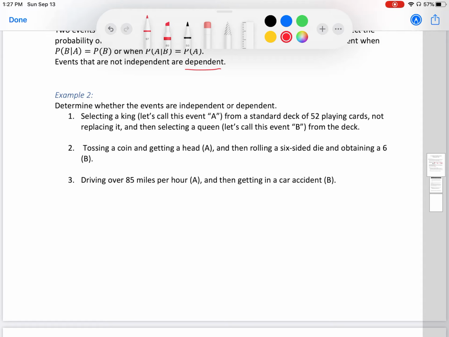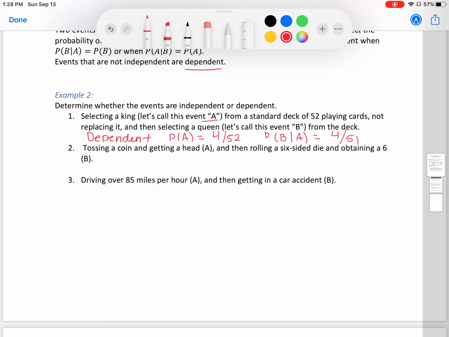Because of this, this would be considered dependent. The probability of getting a king is 4 out of 52, and the probability of getting a queen after a king would be 4 out of not 52 but 51 because I didn't put it back.